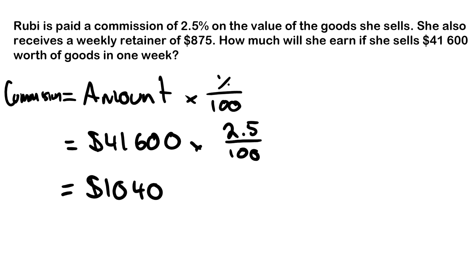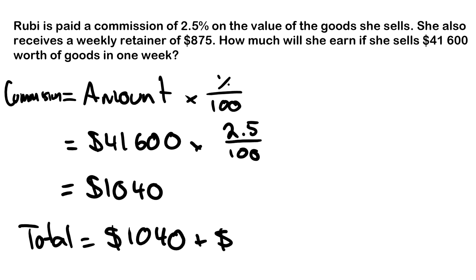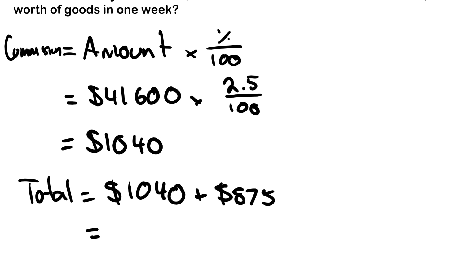She's still paid her weekly retainer, so the total amount of money she's getting is her commission, the 1,040, plus her retainer of 875. So her total weekly pay is $1,915 this week.